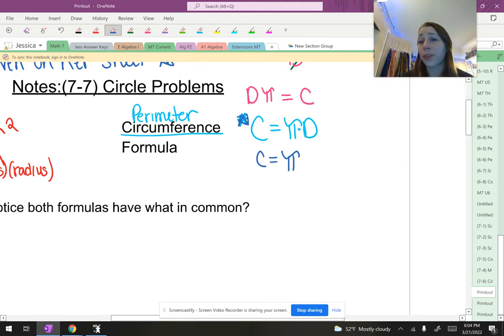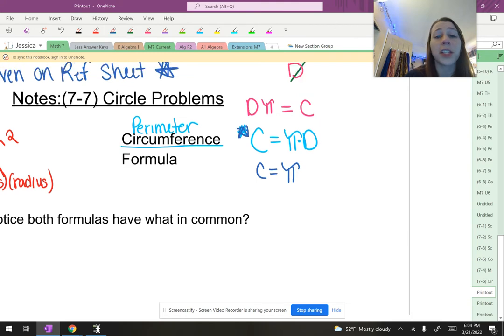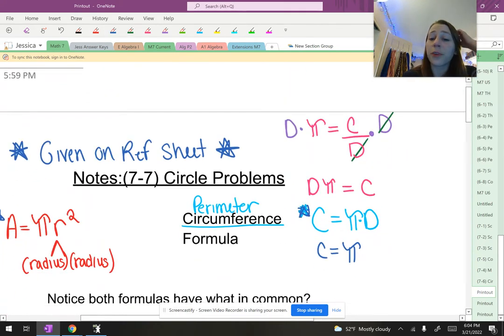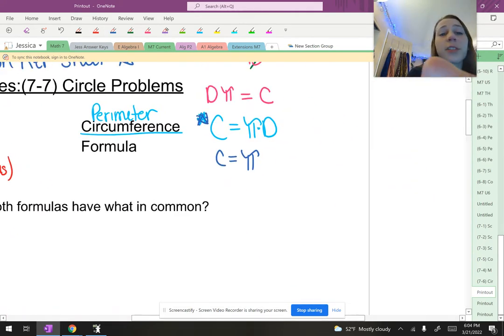Yesterday in our vocab, we learned that the diameter was the width or the entire length from one endpoint to another going through the center of the circle. We also learned that from one endpoint to the center of the circle was called the radius. And we determined that a radius was half of the diameter, right? If I have a circle and it has a radius of 5, that means its diameter would be 10 for the entire thing.